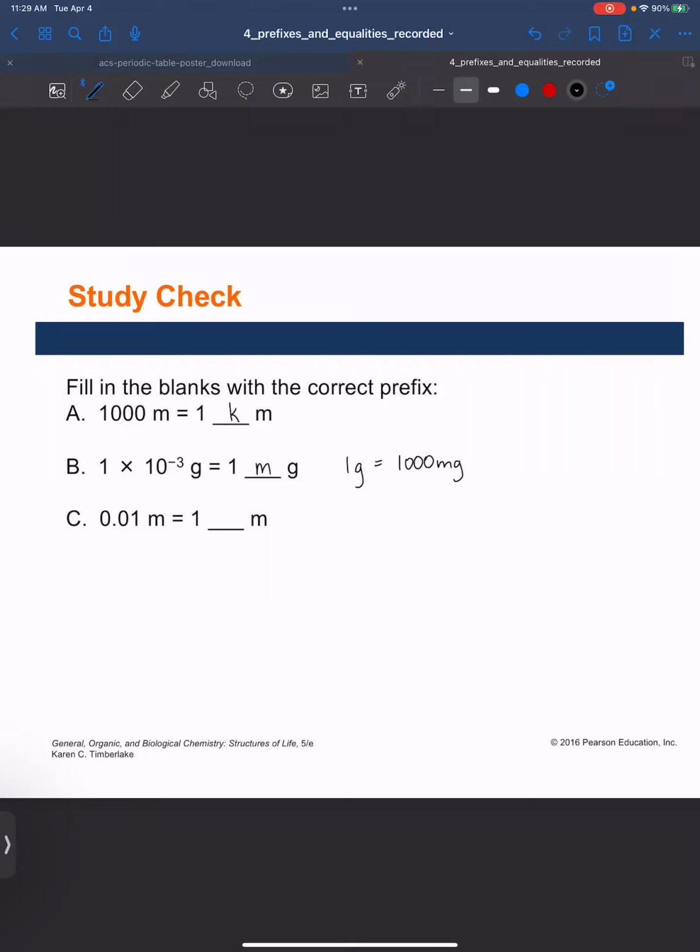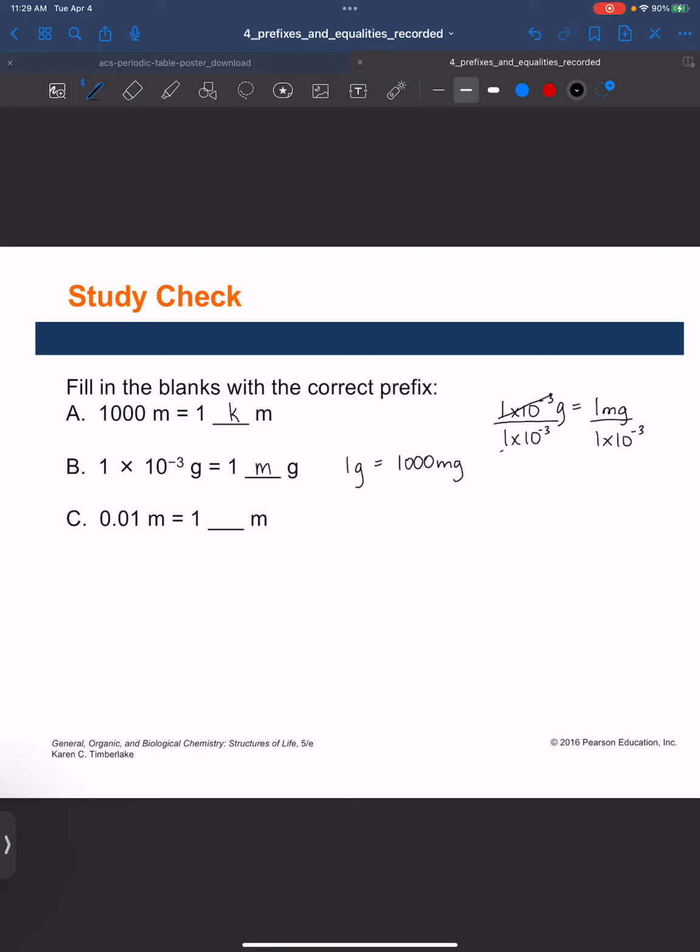And the way that you could derive that, if you're like, wait a second, is this a different equality? No, it's the same, and you can always derive it from the original. So let me show you how to do that. If you take 1 times 10 to the negative third grams equals 1 milligram, then you could divide both sides by 1 times 10 to the negative third.